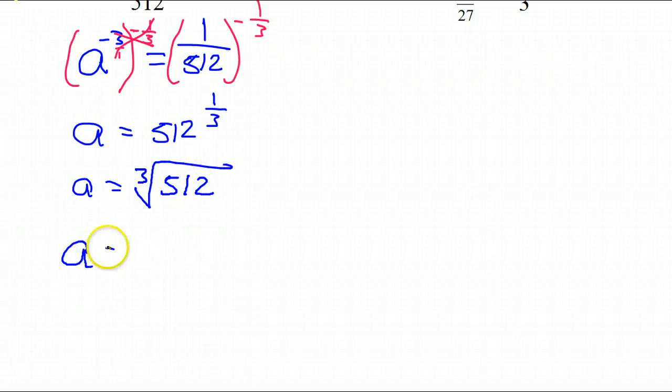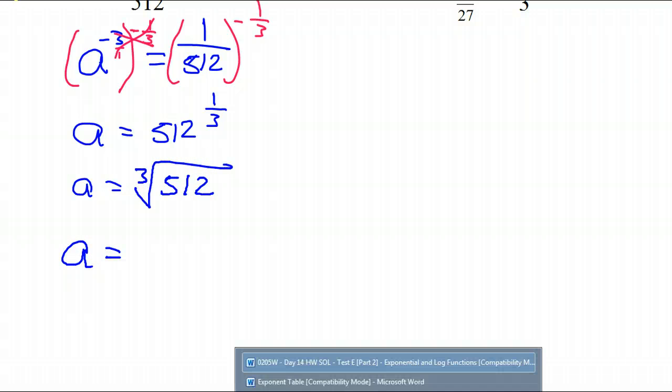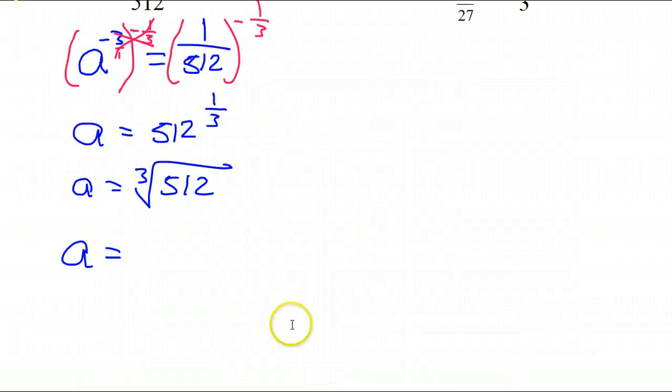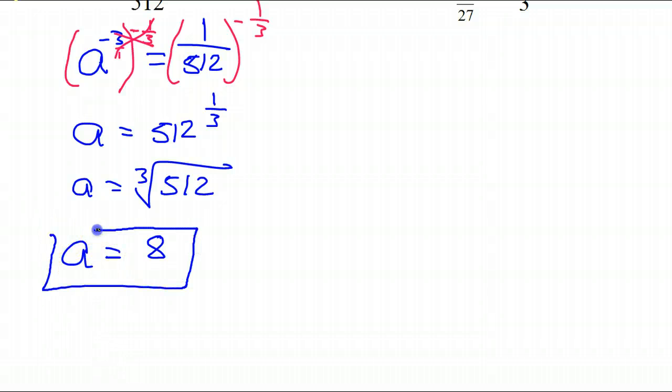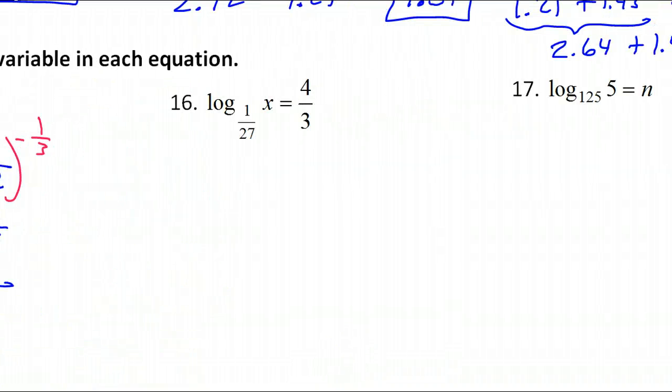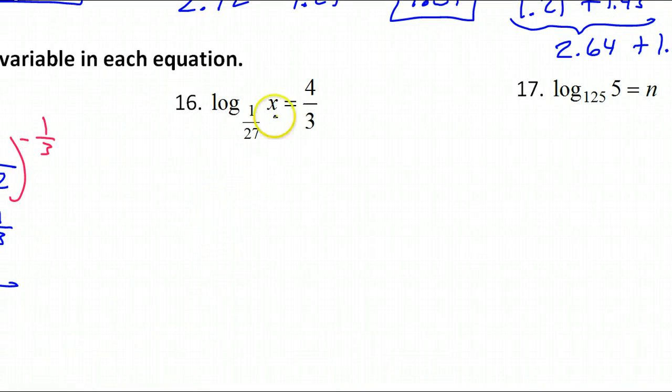So hopefully that's just sitting right on our chart. Okay, cube root of 512 is 8. So just plain and simple, the answer is 8. Booyah, Jim.